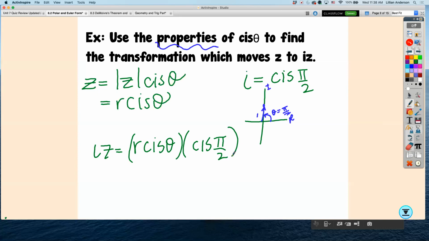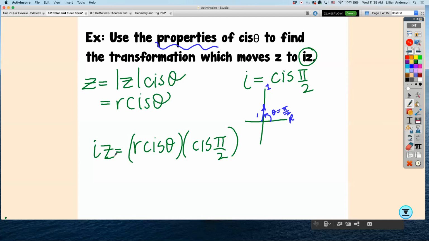Why are we multiplying those two together? I'm trying to figure out the transformation between z and iz. So that's literally i times z. And using your properties, when you multiply, you're technically doing what? You're adding.